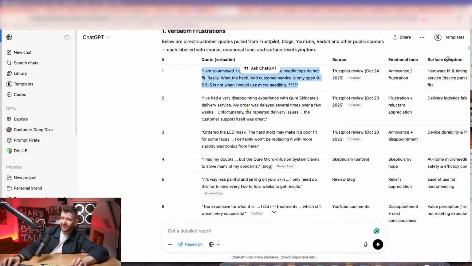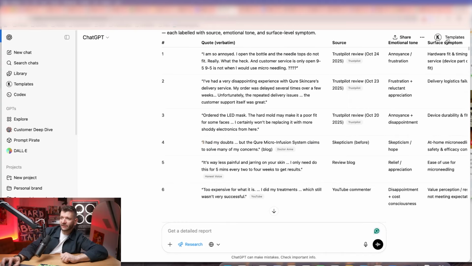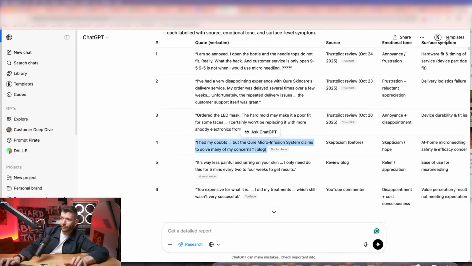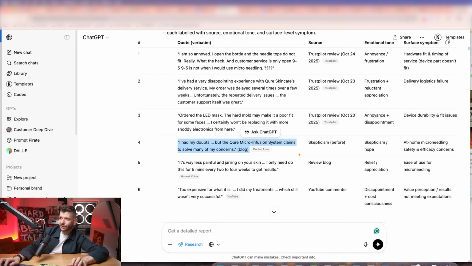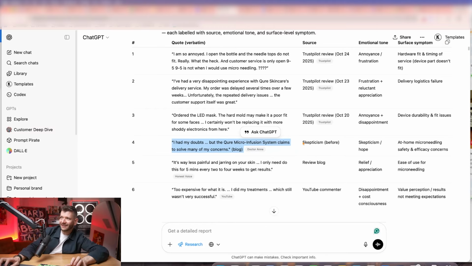And you can see here, these are very good micro angles that could be used for Facebook ads. For example, this one here: "I had my doubts, but Cure claims to solve many of my problems, many of my concerns." So the angle here is skepticism. And what do you want to do here? If you had access to this kind of data, then some of your ads would address this skepticism.